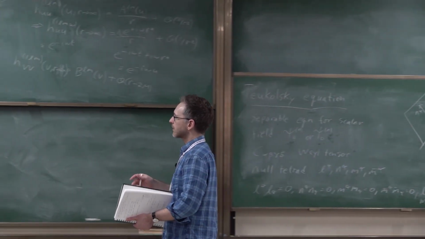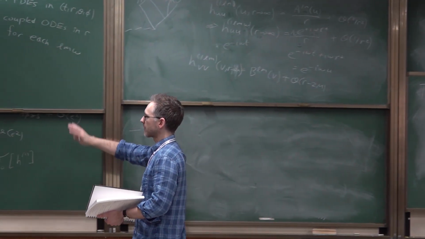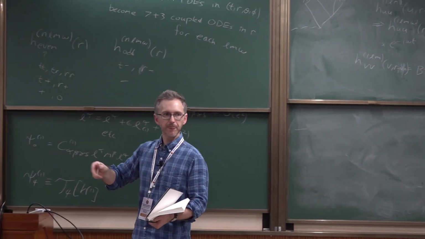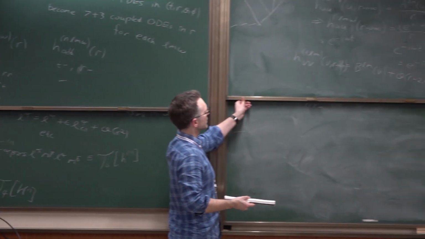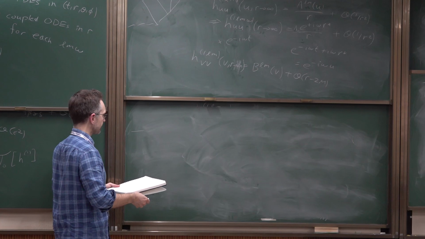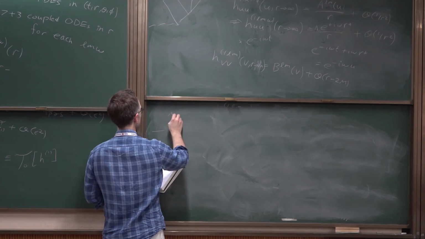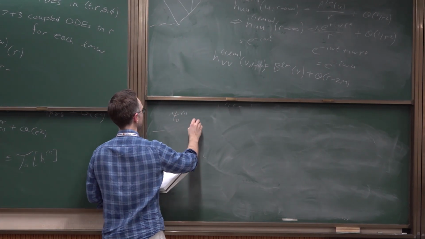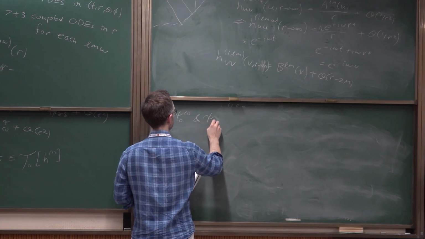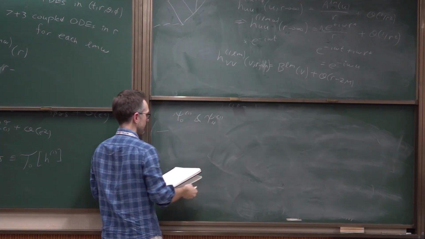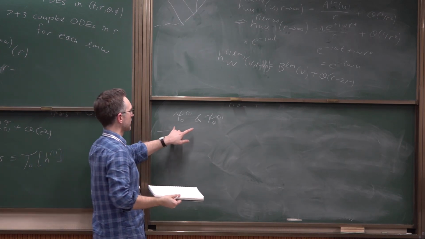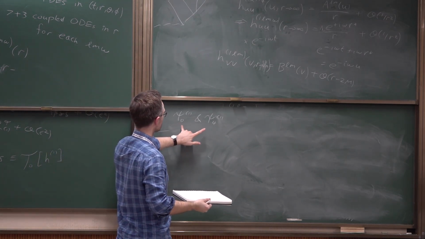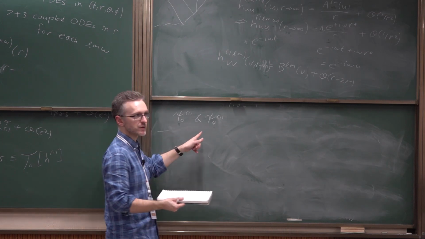Okay, so Newman and Penrose already invented all this technology earlier, before Teukolsky. But what Teukolsky found that was miraculous is that psi 0, 1 and psi 4, 1 satisfy decoupled equations, meaning I don't have equations for psi 0 that involve psi 4 and vice versa.